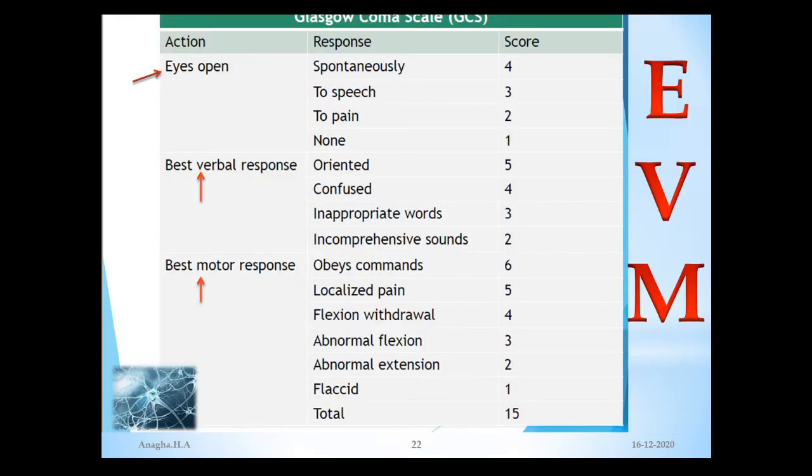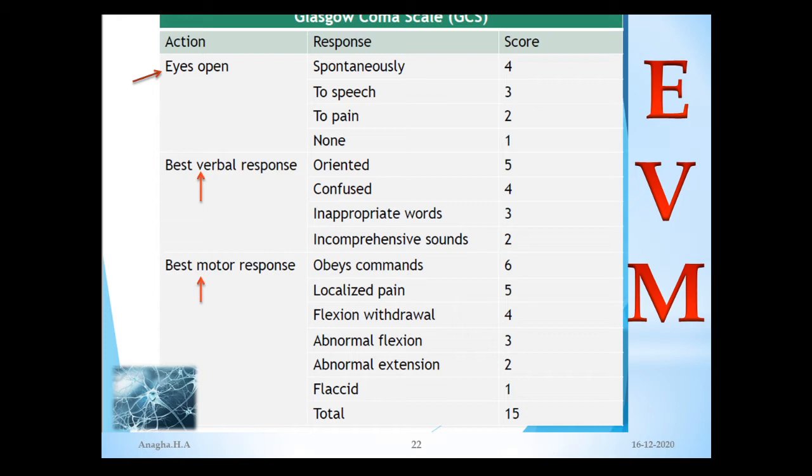So now coming to Glasgow Coma Scale, how do we remember the Glasgow Coma Scale? Because every time we cannot carry a chart with us. So EVM, that's how I remember it. So E is eyes, V is verbal and M is motor response. So eyes open. Totally in the Glasgow Coma Scale there are 15 scores. In that 7 to 8 minimum we have to get.